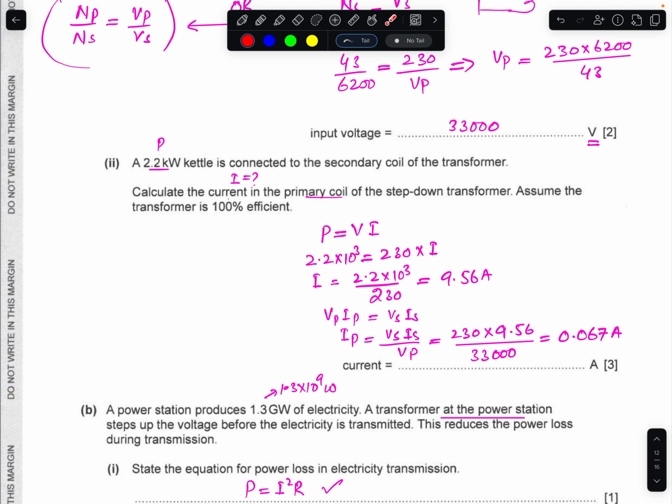So the power of the kettle is given, secondary coil of the transformer, calculate the current in the primary. We are calculating the current in the primary coil when the transformer is 100% efficient. First of all, we need to calculate the total current. Total current can be calculated using the formula of power, which is voltage times current, so I equals P over V. P is 2.2 times 10 to the power 3 watts, because it was given in kilowatts.